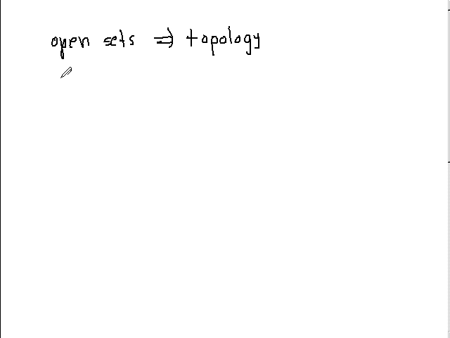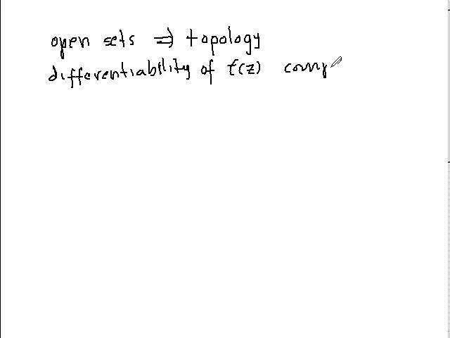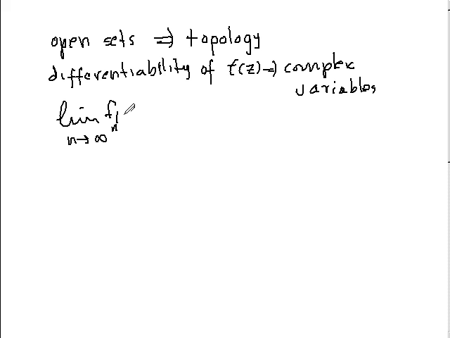The differentiability of functions of a complex variable, f of z, leads to complex variable theory. The whole idea of limits of sequences of functions and closure leads to real and functional analysis.